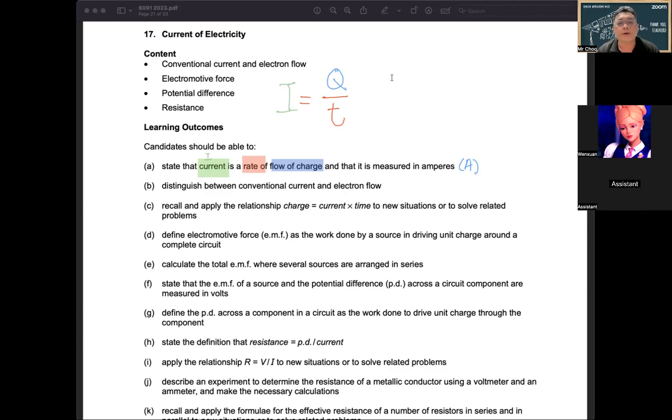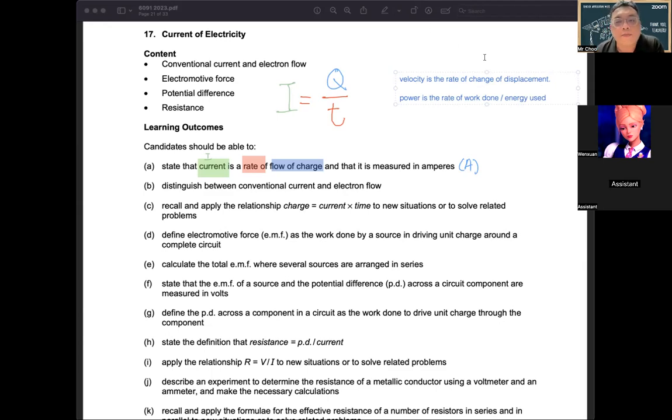For example, if I tell you velocity is the rate of change of displacement, can you tell me what the formula is now? Or if I tell you that power is the rate of work done, or the rate of energy used, can you tell me the formula? What other formulas have the words rate of?